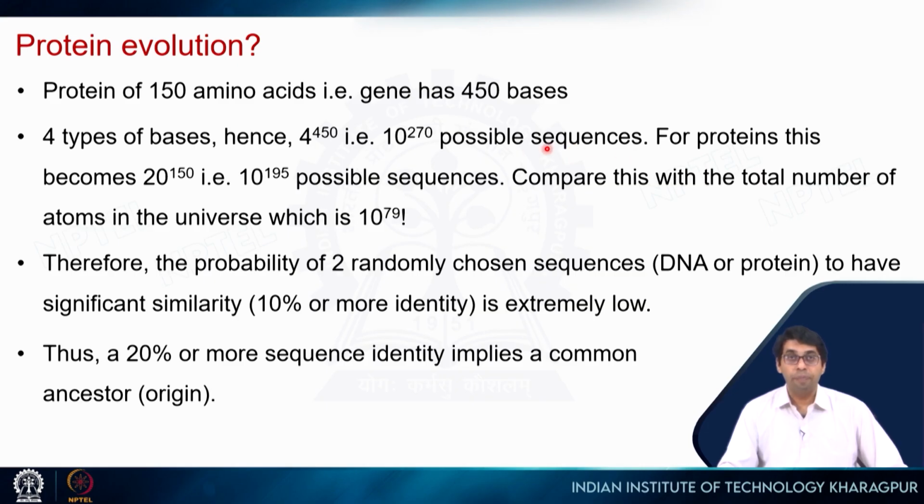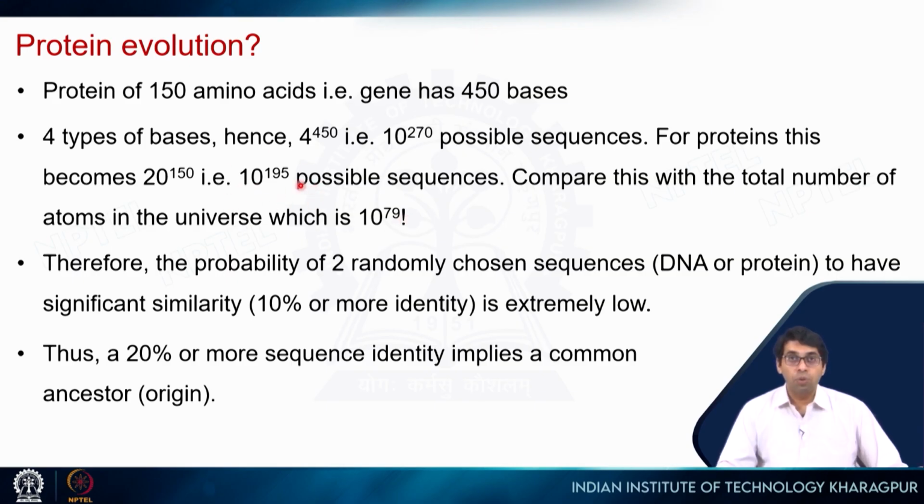That is a huge number. If we just consider the amino acids, 150 amino acids, how many different 150 amino acid sequences we can generate, that will be 20 to the power 150, which is 10 to the power 195 possible sequences. Now, compare this 10 to the power 195 number with the estimated number of atoms in the universe, which is 10 to the power 79. So, you can imagine that this is a huge number.